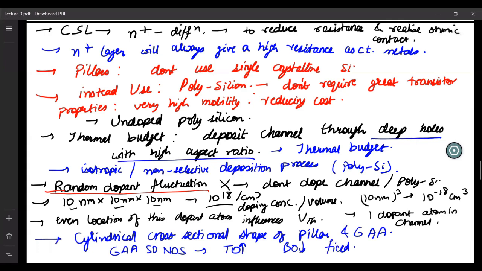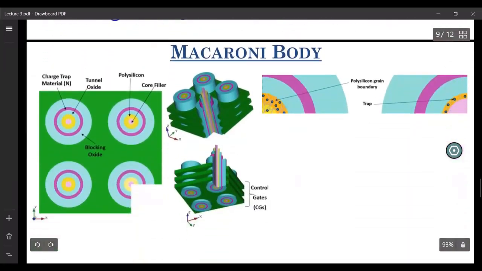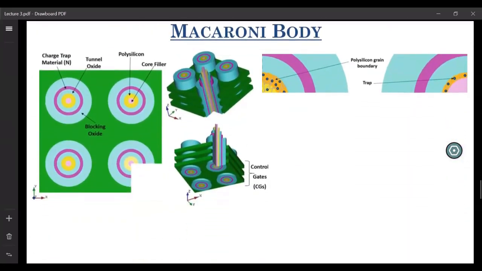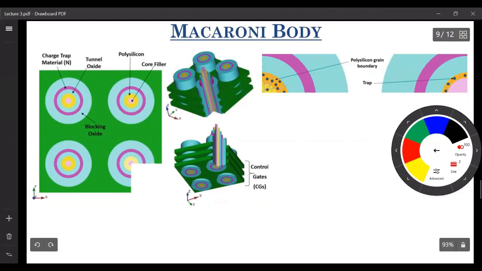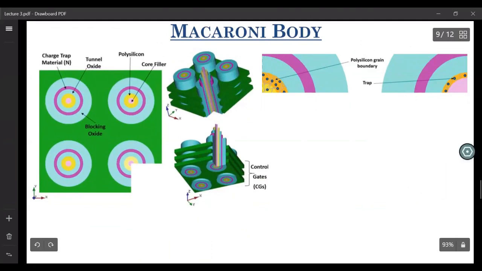Now, let us talk about the problems that appear when you have polysilicon as the channel material. So this is your polysilicon as your channel material, and you have these grain boundaries. What is the difference between a single crystalline silicon and a polysilicon? In single crystalline silicon, there are no grain boundaries. In polysilicon, there are several grain boundaries.